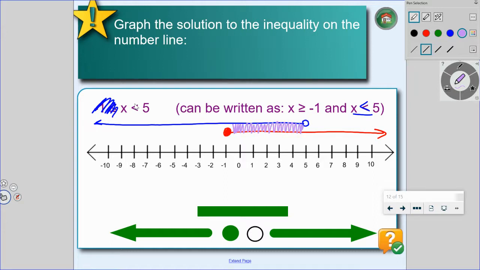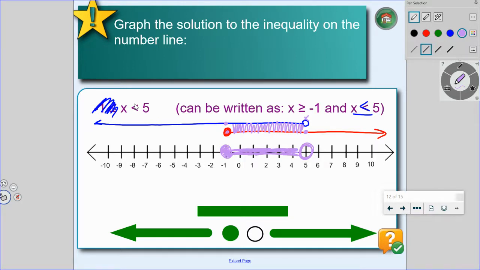How about 5 exactly? Now 5 works for the red, but not for the blue, so let's draw a big old open dot. How about -1 exactly? -1 works for blue and for red. Well, hot diggity. Therefore, we're going to color that one in. And we're going to color in all these points in the middle.